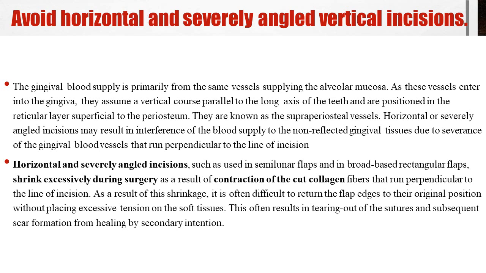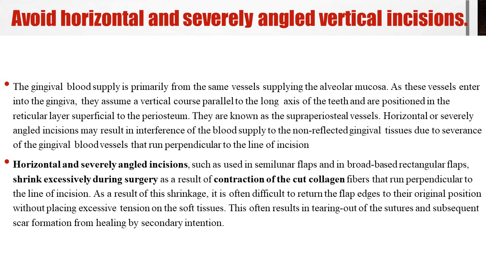Also, another disadvantage of horizontal and severely angled incisions is that they shrink excessively during surgery because of the contraction of the cut collagen fibers which run perpendicular to this line of incision. So if you give a horizontal incision, the collagen fibers are running perpendicular to it.